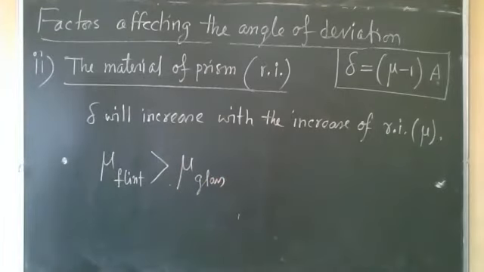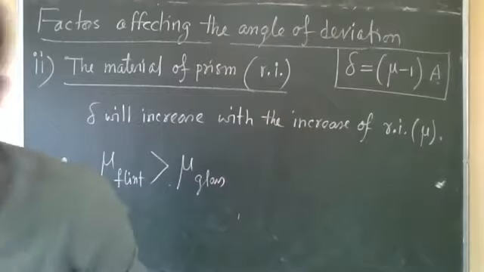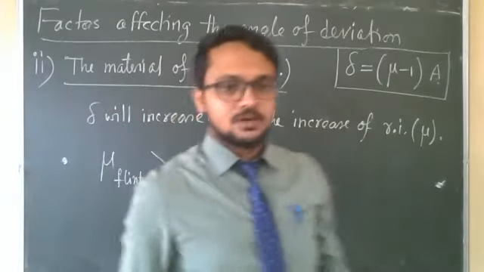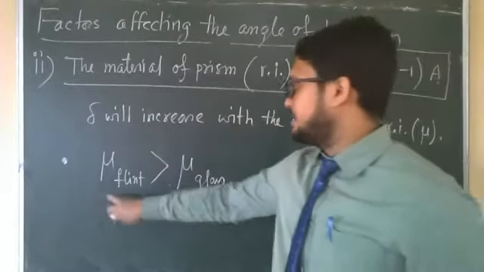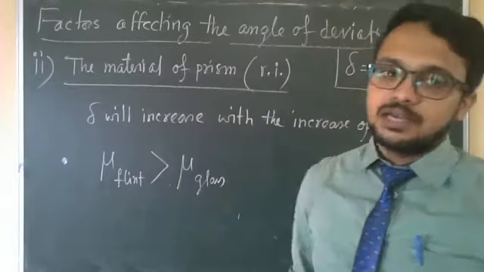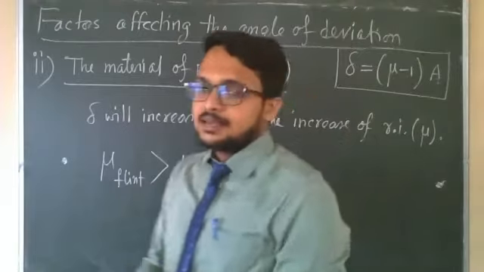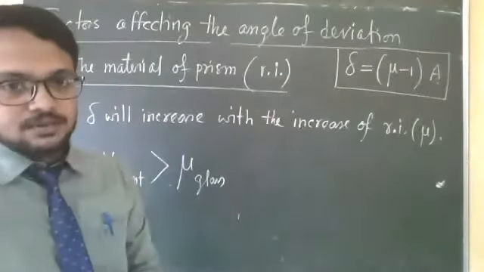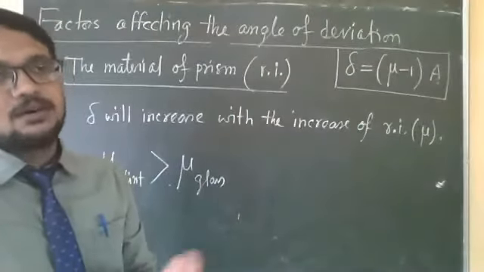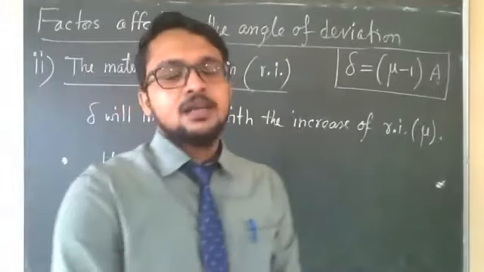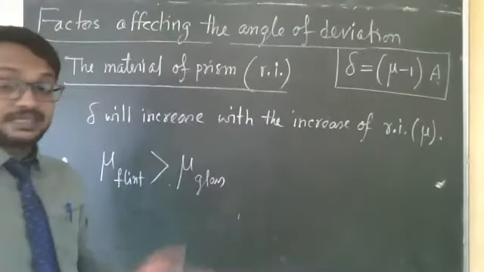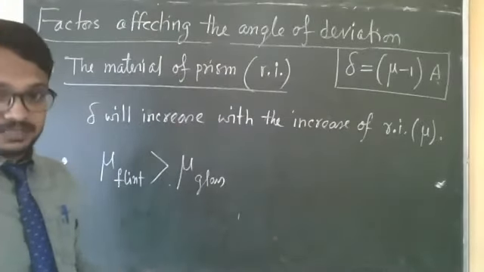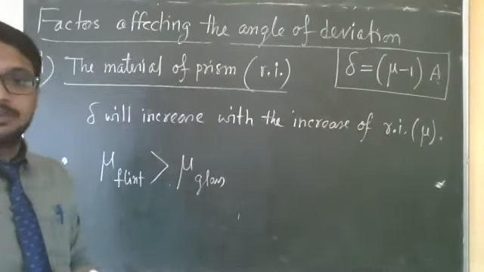Two prisms are made, one of flint material and another of glass material. If we send one monochromatic ray, a green or red ray, at a particular angle of incidence, then for which prism will the angle of deviation be more?